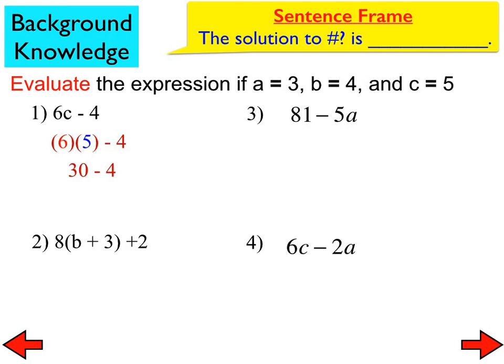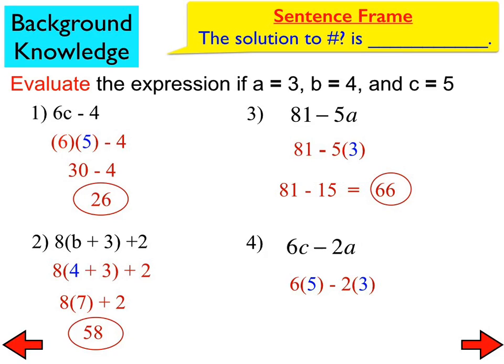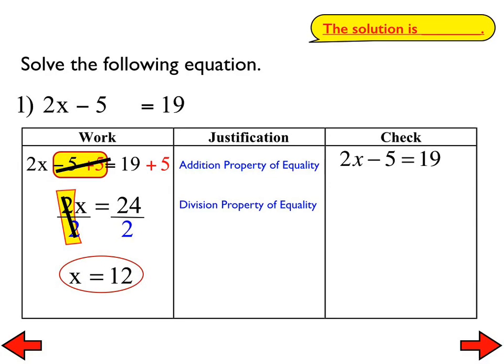C is 5, so we substitute 5 in for C, and we find the answer. In number 2, B is 4, so we substitute 4 for B, and we simplify. Number 3, A is 3, we substitute 3 in for A, and we simplify. And the same thing in number 4. That's really what you're doing when we check. So we're going to come back to this problem. Let's write the original problem down.